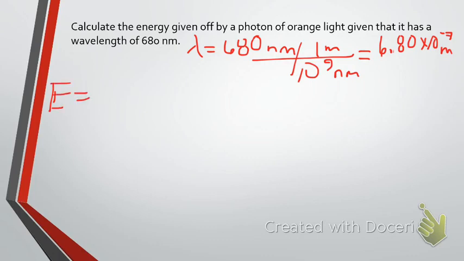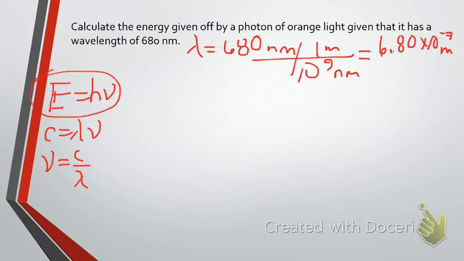We also know that E is equal to h nu, and remember c is equal to lambda nu. So we can say that nu is equal to c over lambda. We plug that into the first equation, and we get E is equal to h times c divided by lambda.